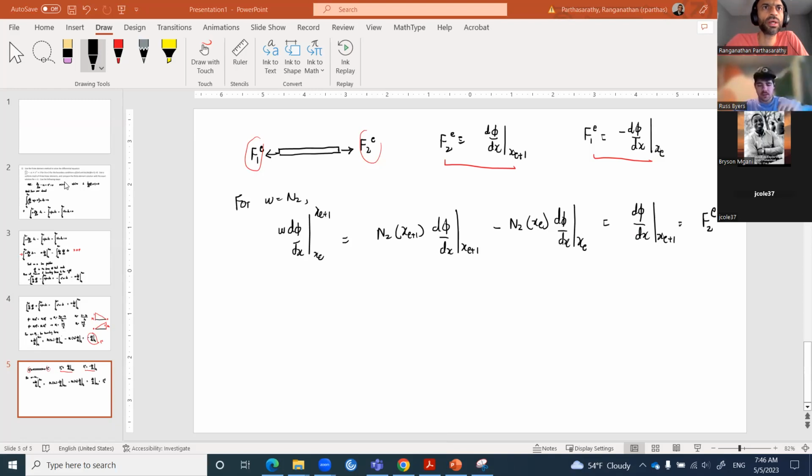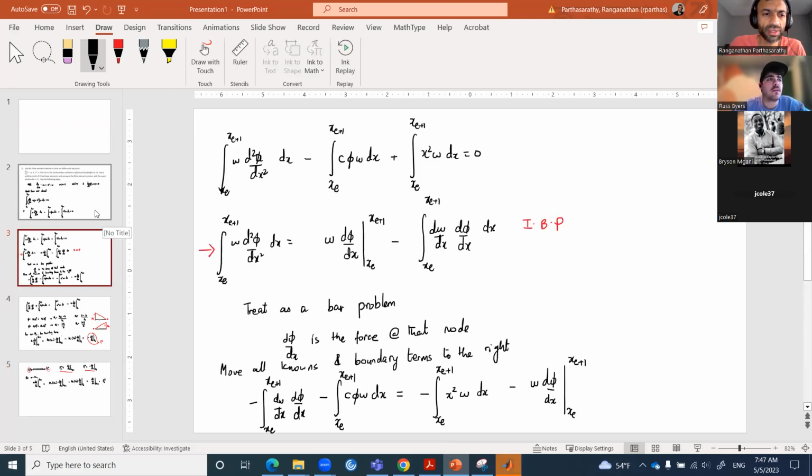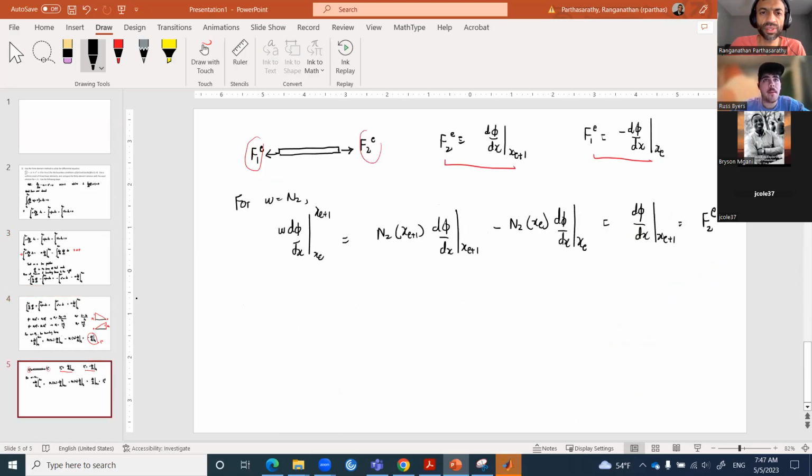What's the value of phi? What does it represent? Right now we did the integral form over element e, so everything is for only one element, it could be any element. And this Fe is the force on the right hand side node, F2e, and the force on the left hand side node is F1e.